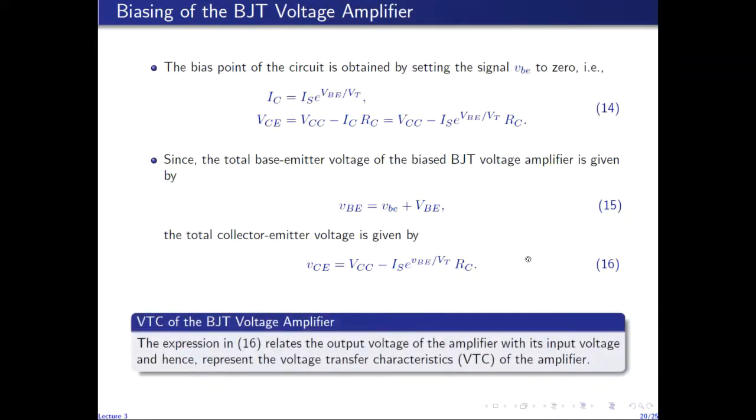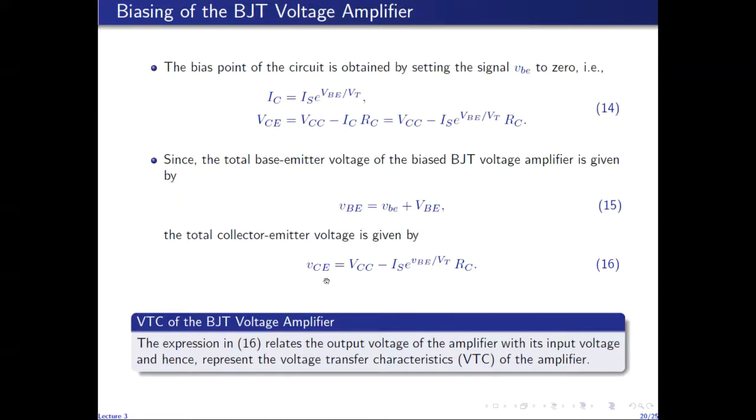If you remember from the first lecture, we defined the voltage transfer characteristics as the equation that relates the output voltage with the input voltage. So this is exactly that. It relates the output voltage with the input voltage and hence defines the voltage transfer characteristics.